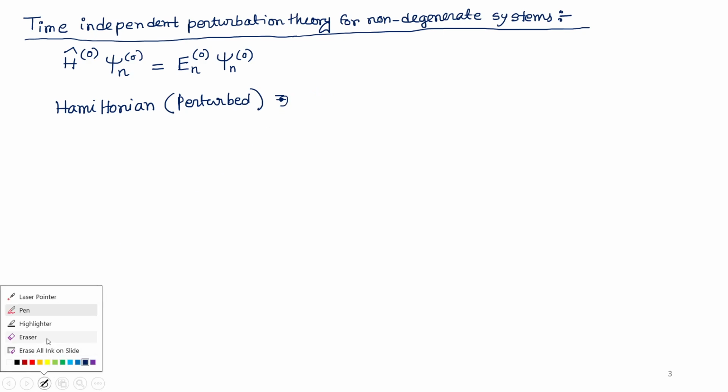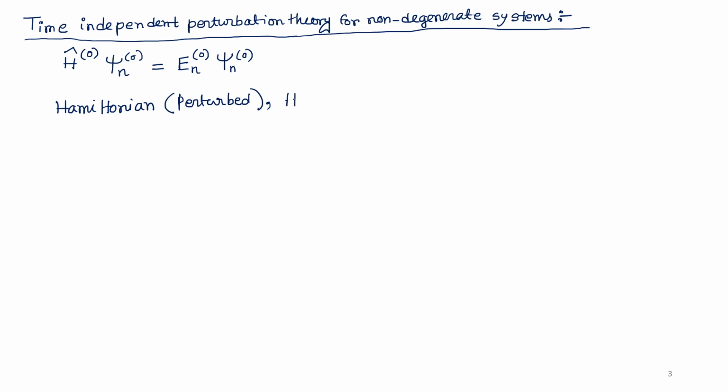So this is the overall Hamiltonian. It will be your unperturbed Hamiltonian plus a perturbation which is very small, and suppose I am giving a parameter lambda.